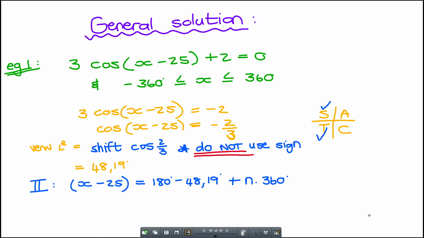Dan, kom ons gaan vereenvoudig. X minus 25, you can leave out the brackets now. 180 minus that.